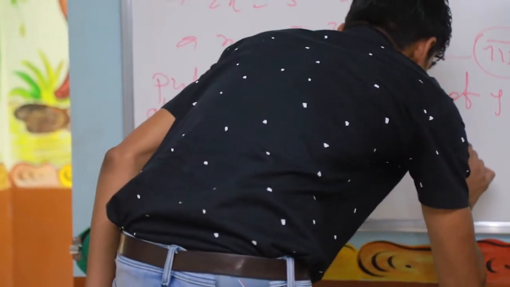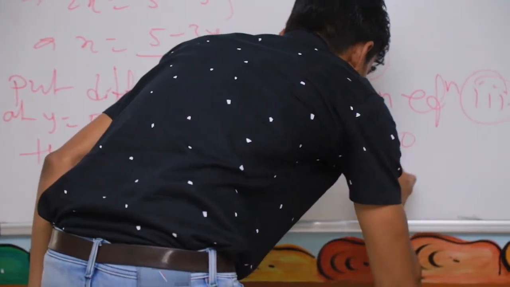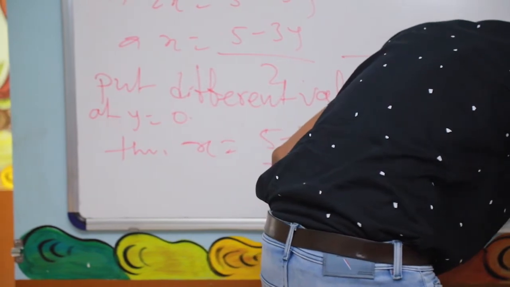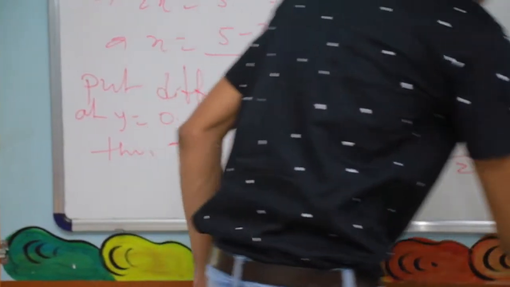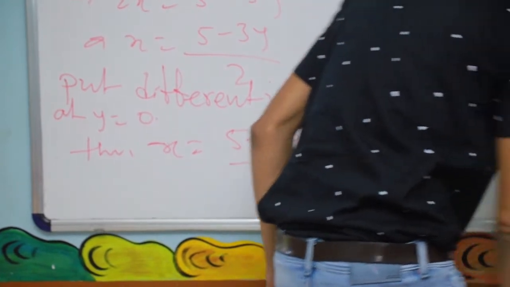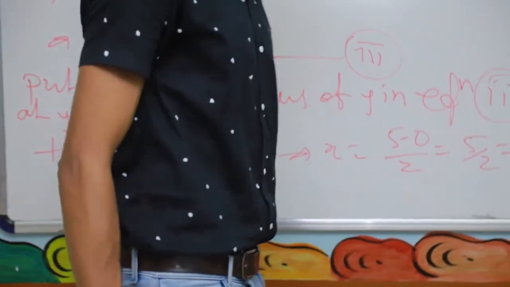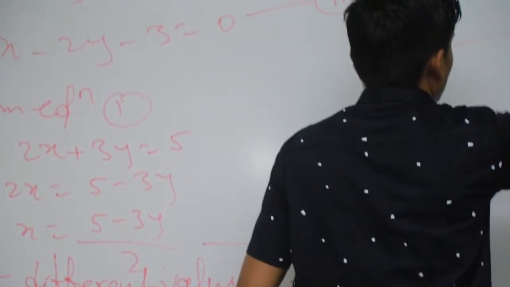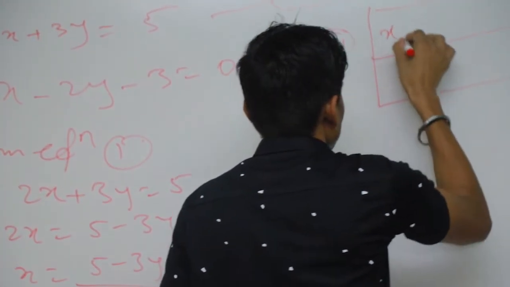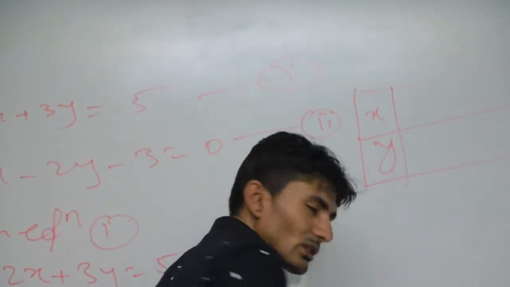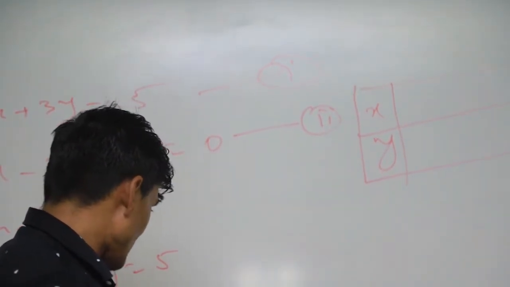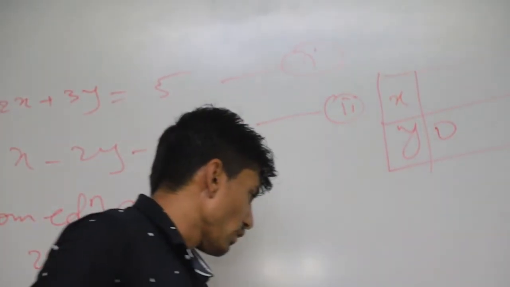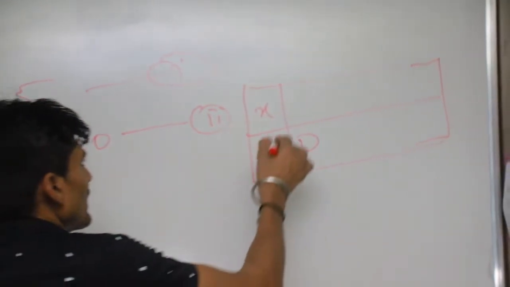That means x is equal to 5 minus 0 by 2, that is equal to 5 by 2, that is 2.5 or 2 1 by 2. Now we have to draw a table and write the different values of x and y. That is the x, that is the y. Here we put y equal to 0, then we have got the value of x as 2.5.